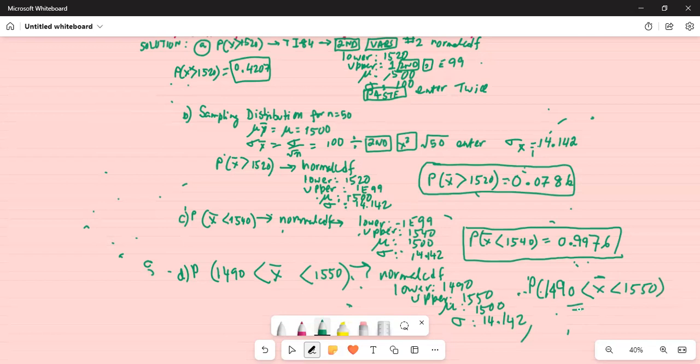The mean and standard deviation do not change. Paste, enter and enter, and the answer is 0.76.